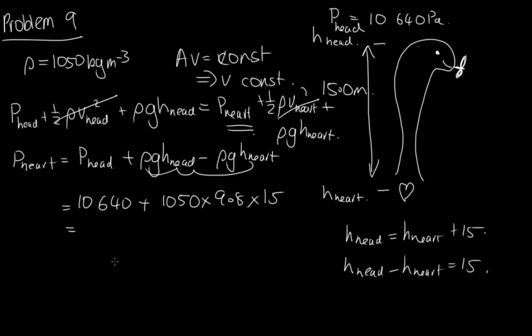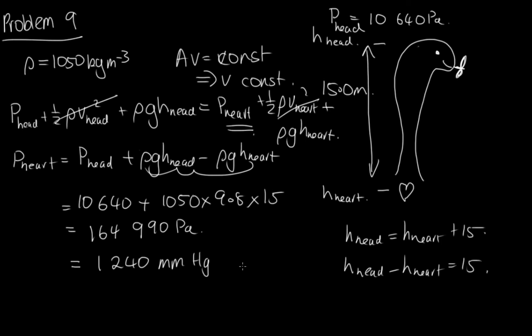And so this lets us calculate the blood pressure, which is 164,990 pascals. So if we want to get from pascals to millimeters of mercury, that's 1,240 millimeters of mercury.